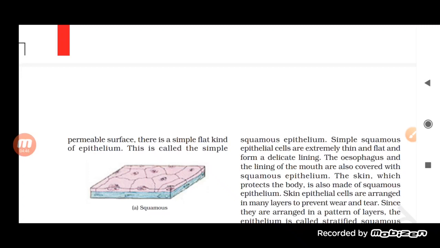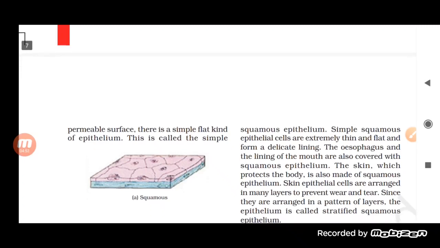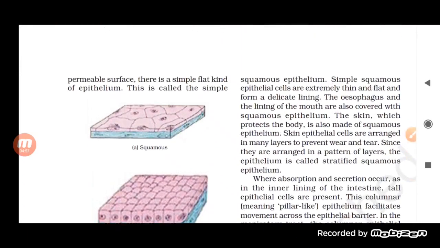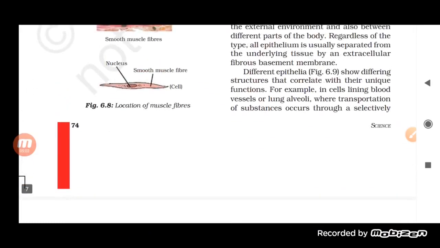If we talk about the lungs, where diffusion takes place, especially in the alveoli, a simple squamous epithelium is present. So a simple flat kind of epithelium which is permeable.